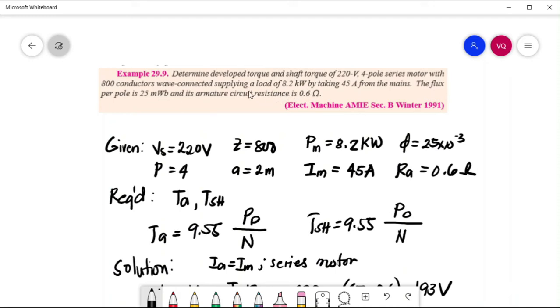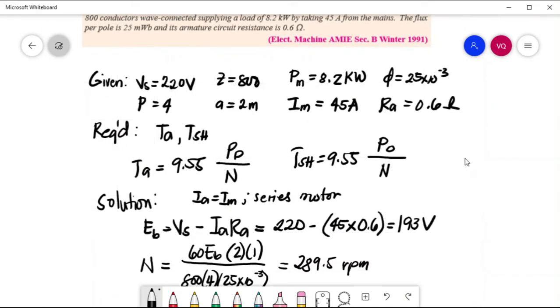It is the load or the output power. Flux per pole is 25 milliweber. The motor current is 45 amperes and armature resistance is 0.6 ohm. Required is the armature torque and the shaft torque.